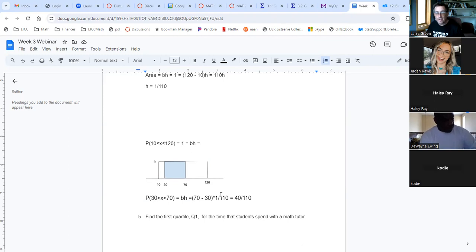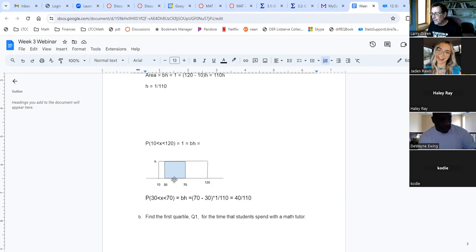And I like to draw this picture where I shade in between 30 and 70. I want the area of the shaded region, because that's how probability works. Probability is the area of the shaded region.